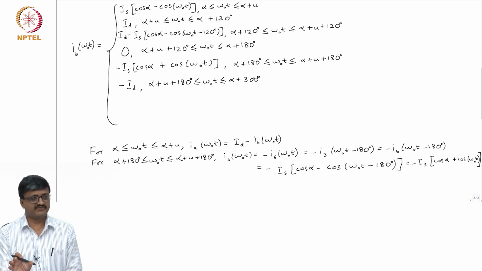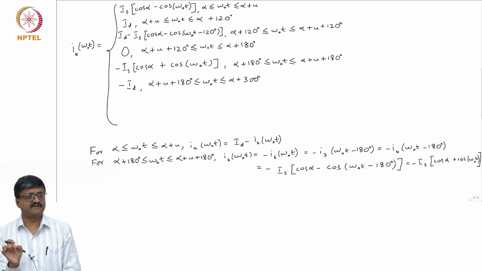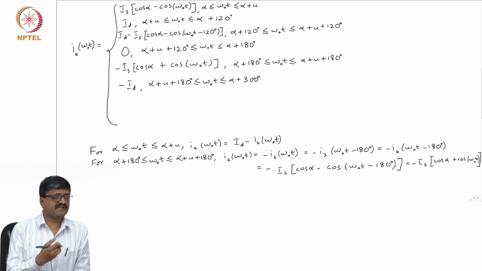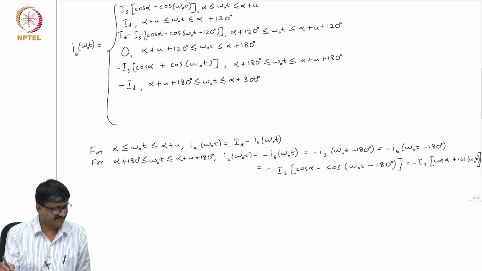Because from alpha plus u plus 180 to alpha plus 300, only valve 6 conducts among the valves 2, 4, 6. So, anyhow valve 3 is not conducting. So, IB is minus I6, which is minus ID. Right. Now, let us take the next subinterval.